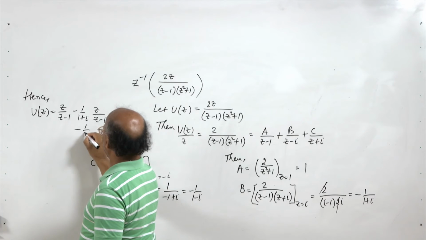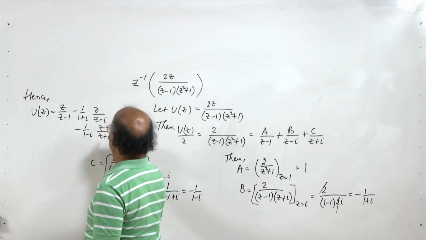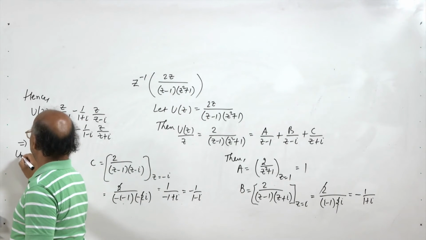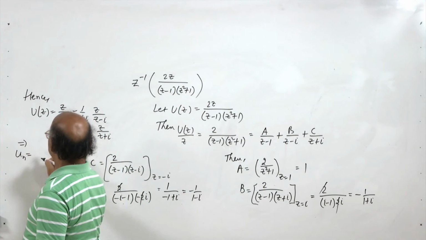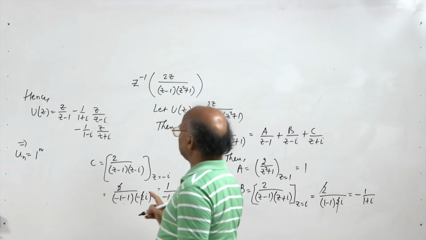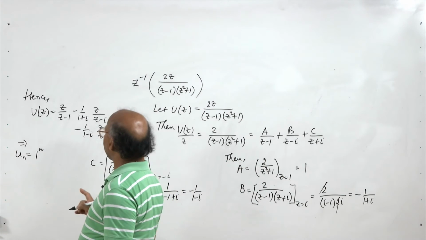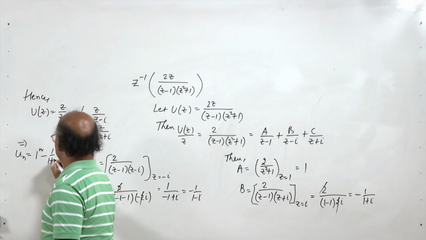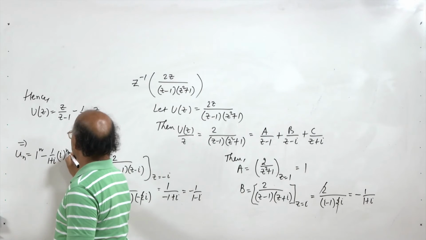So, minus 1 over 1 minus i into z over z plus i, and this implies u(n), the inverse Z transform of U(z), will be z over z minus 1, means 1 to the power n, because inverse Z transform of z over z minus a is a to the power n, and then minus 1 over 1 plus i, inverse Z transform here will be i to the power n.